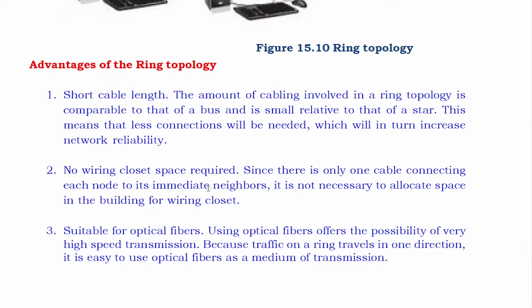No wiring closet space is required since there is only one cable connecting each node to its immediate neighbor. So it is not necessary to allocate a space in the building for a wiring closet. Normally, whenever electricity is passed through the conductors, it produces a strong magnetic field.